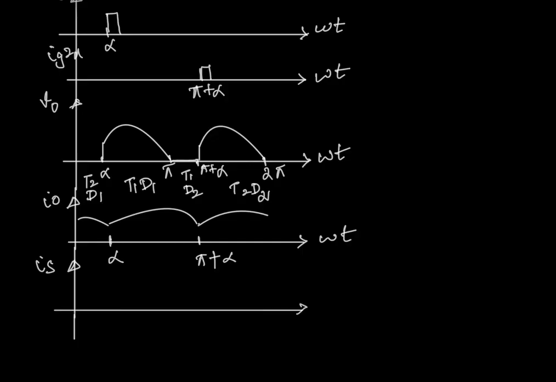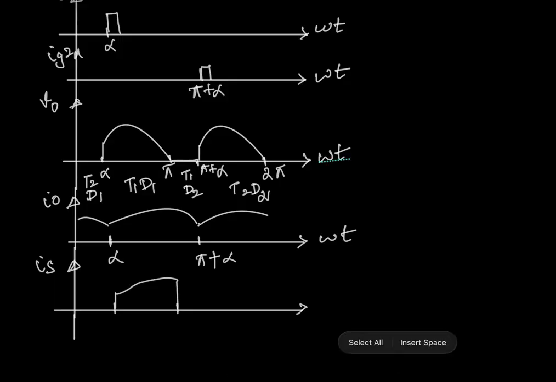From alpha, whenever T1 and T1 are in the on condition, the input current will be positive. So the input current will be the same as I naught whenever T1 and T1 are in the on condition, the same as the output current.